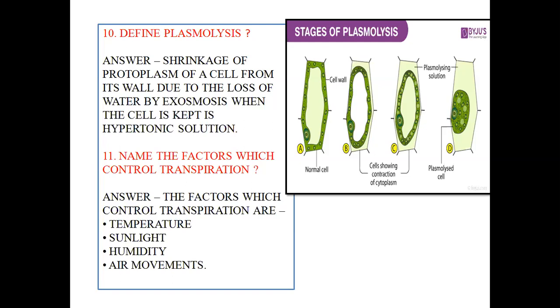As a result, less water is removed from the leaf to the outside. Therefore, the more the humidity, the less is the transpiration.